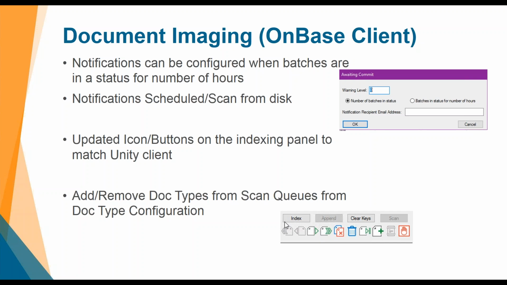So in a previous version of OnBase, you were able to set up these notifications that you could configure to tell you what a batch status is at, or based off a batch status. So this was a great addition, and a lot of customers really like this to know if something failed or something went to incomplete commit, or they could get these notifications sent.